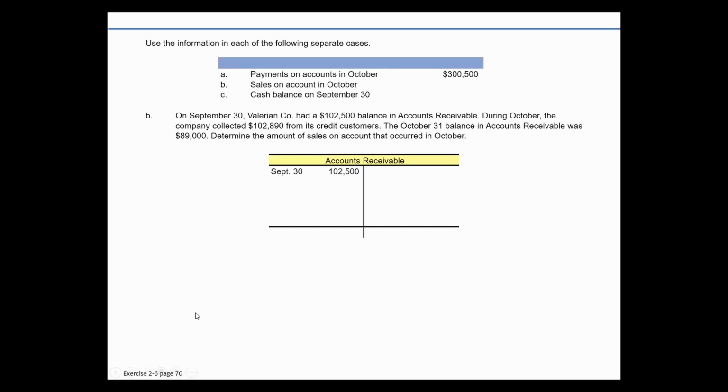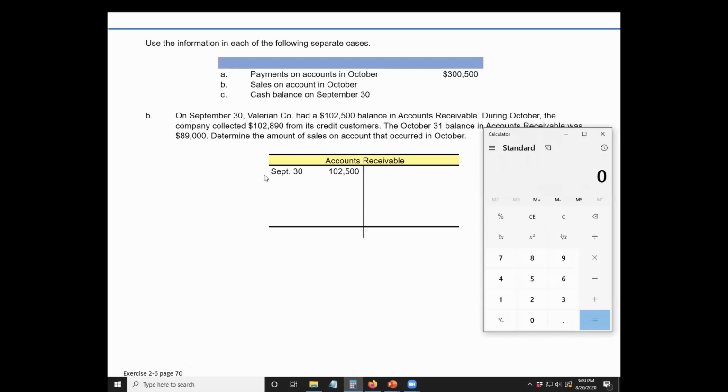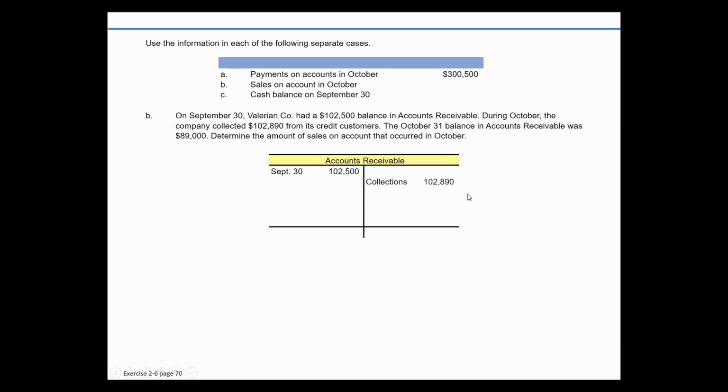So we see here that on September the 30th, they had a balance of $102,500. They collected $102,890, so they collected some from the previous month. Now, remember that in order to decrease an asset, you have to credit it. And so the credit would be on the right-hand side of the T account. And so the balance is this.